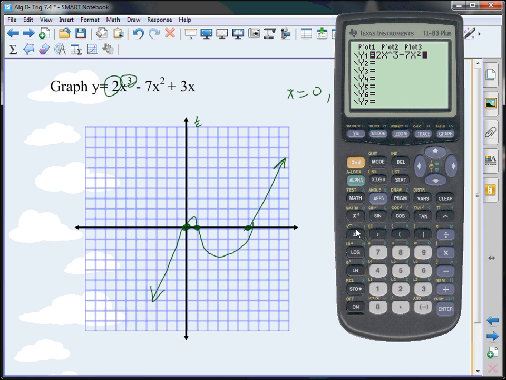What you will eventually get into is being able to graph these with no calculator. I have to change my graph. There's my graph. I have a 0 here, here, and there. It goes up, it goes down.